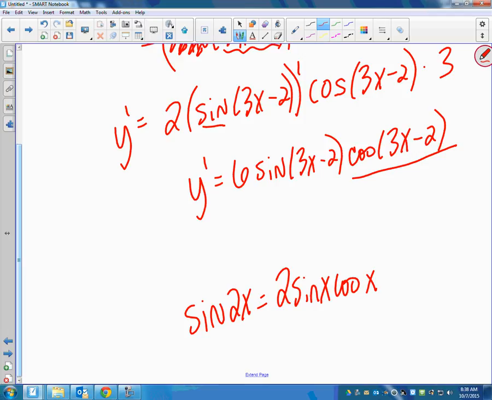Sine of 2x equals 2 sine of x cosine of x. Maybe. So they had it as 3 sine of 6x minus 4, because that's like 2 times 3x minus 2 would give you the 6x minus 4.